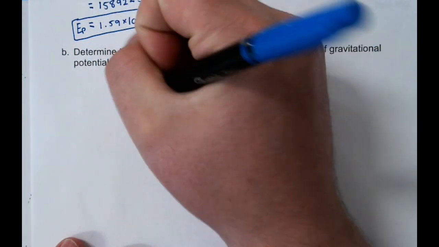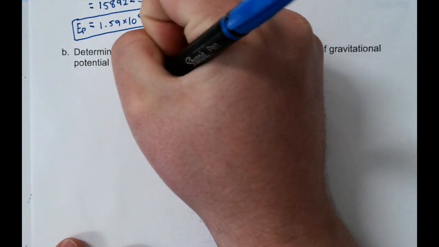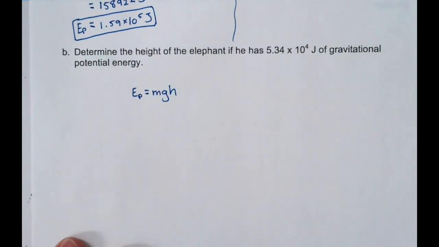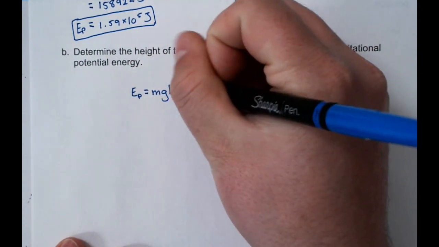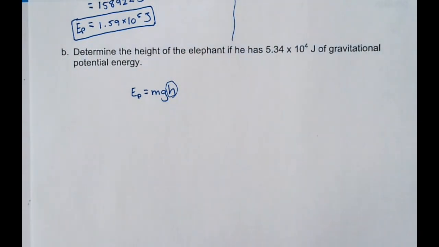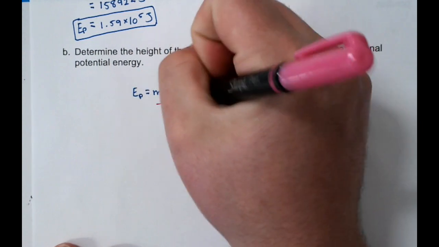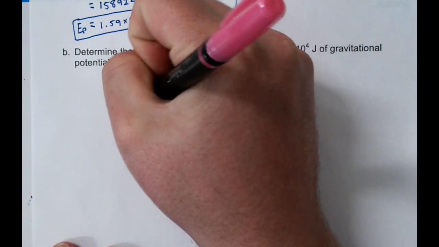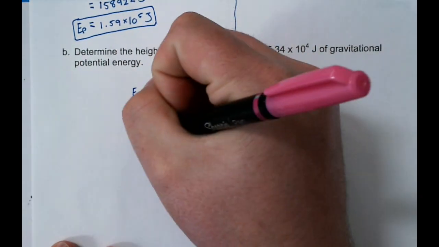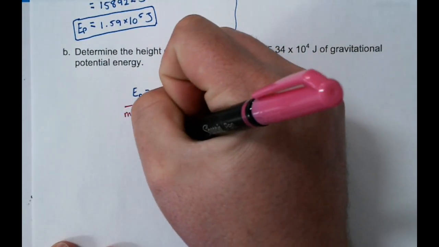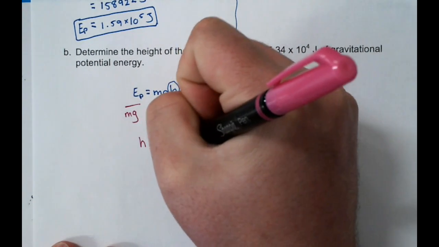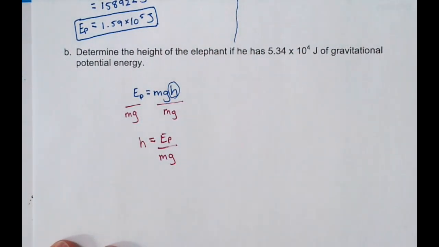Using our formula, potential energy is equal to mgh. We want to rearrange and solve for h. To do that, we divide both sides by mass times gravity, and our formula is h equals potential energy over mass times the acceleration due to gravity.